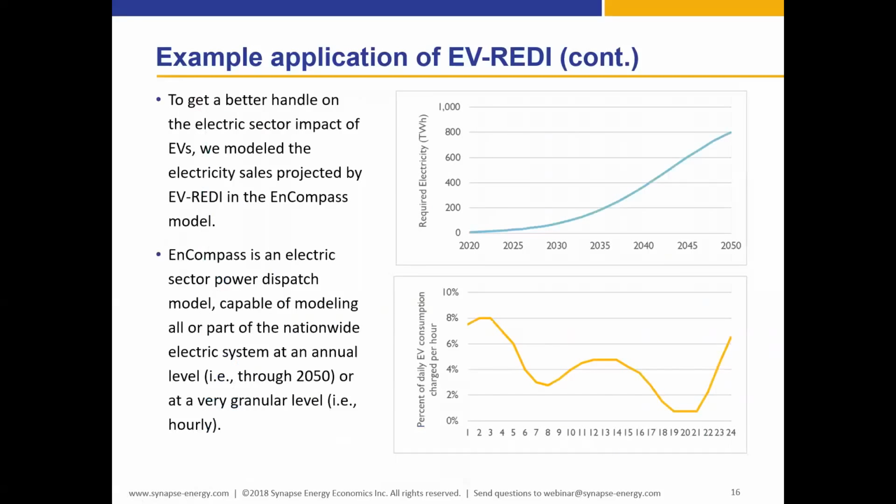So I want to move on to our next example component here. As I mentioned a few slides back, we wanted to take a look at what would happen when we drop our extended trends trajectory into Encompass.